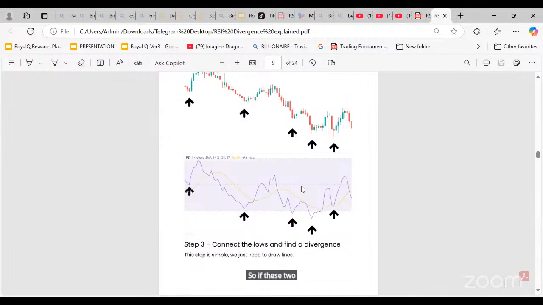If these two are not corresponding in movement, that is what we call a divergence.